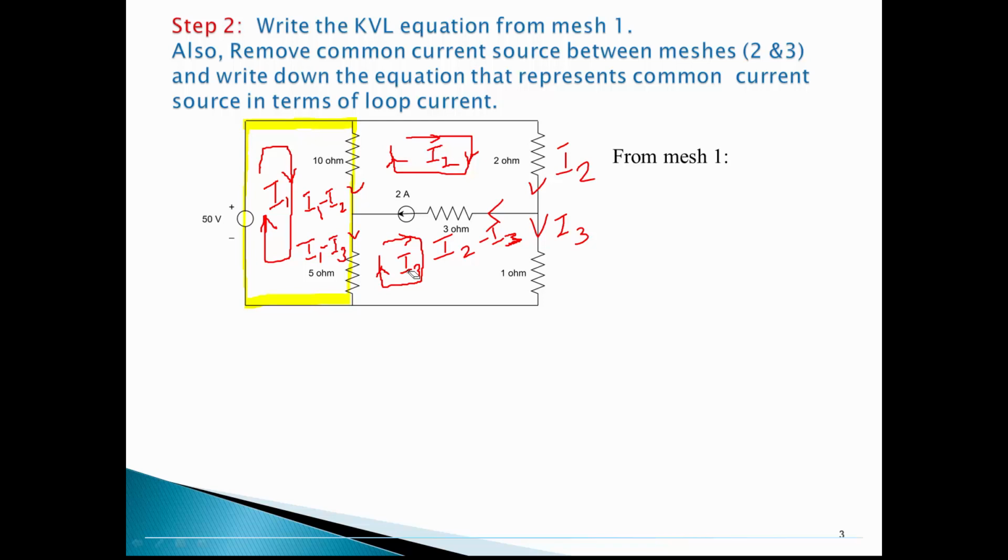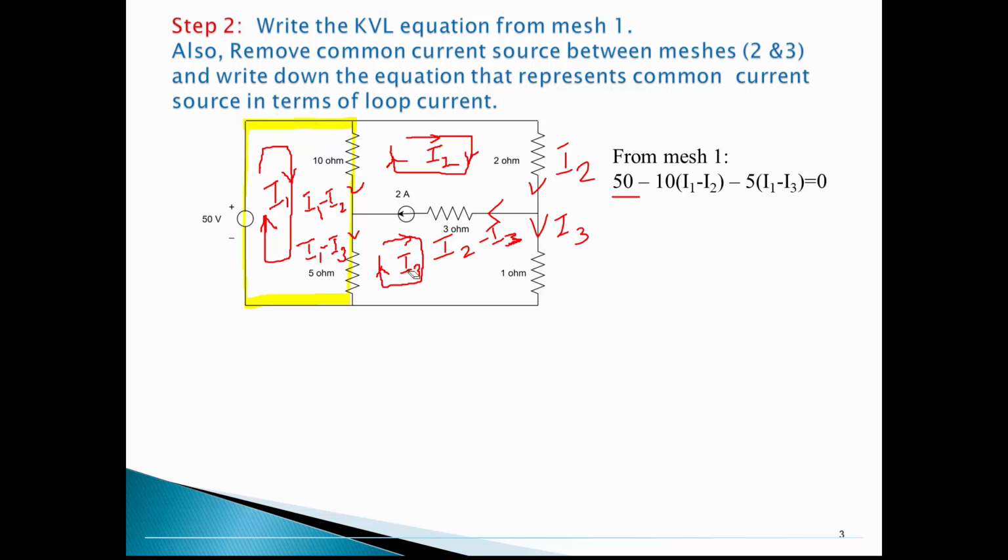From mesh 1, let me start from any one of these points and end with the same point. I'll start from this 50 volt source. On the 50 volt source, the loop current leaves the positive terminal, so plus 50 here. Then coming to another element, this 10 ohm. The 10 ohm has a branch current of I1 minus I2.